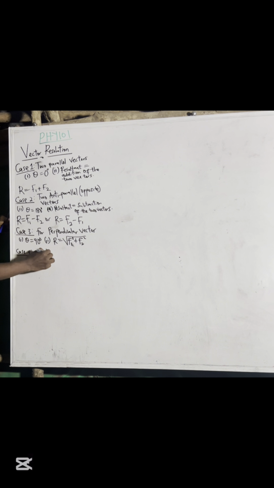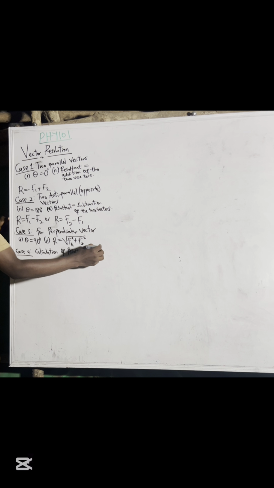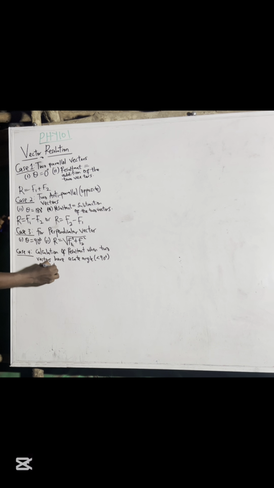The case 4. Calculation of resultants when two vectors have acute angle less than 90 degrees or obtuse angle that is greater than 90 degrees.